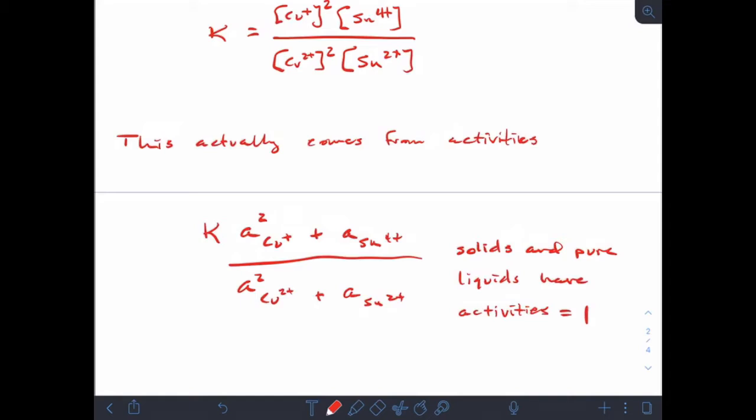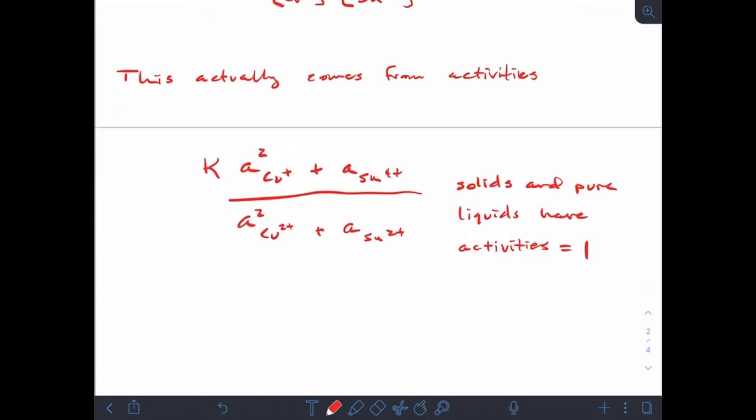So if their activity is equal to 1, then they don't have any bearing on the equilibrium constant expression. So very, very important: solids and pure liquids don't appear in the equilibrium constant expression.